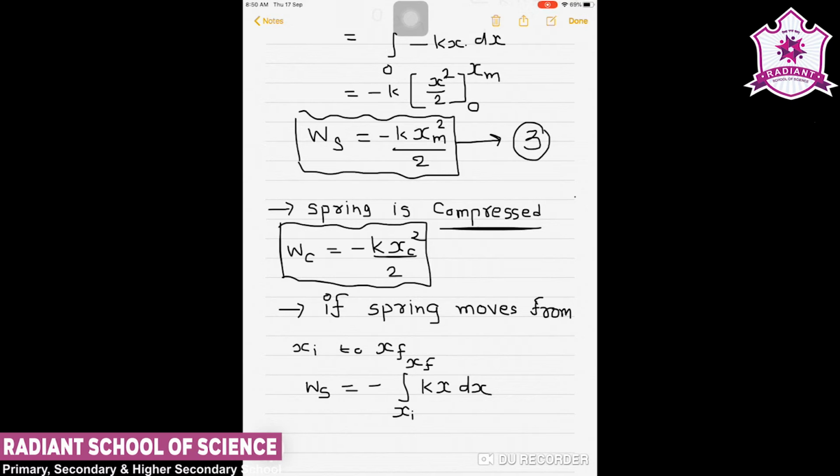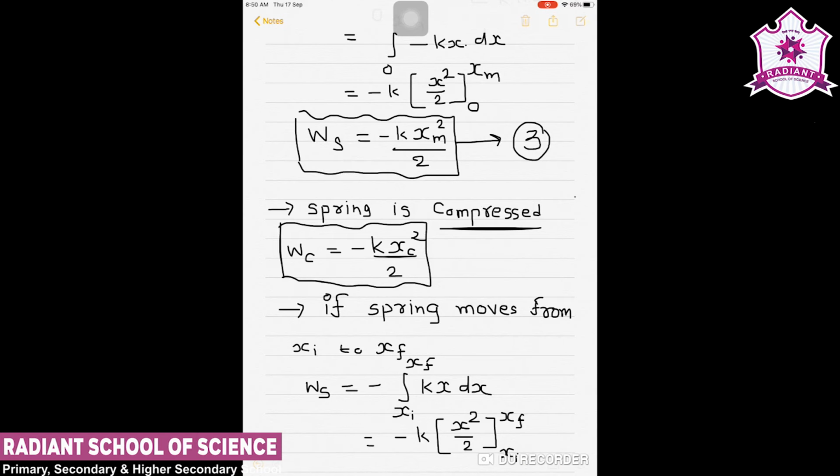Now when we put the condition, we find minus k taken outside, and this is x square by 2 from xi to xf.